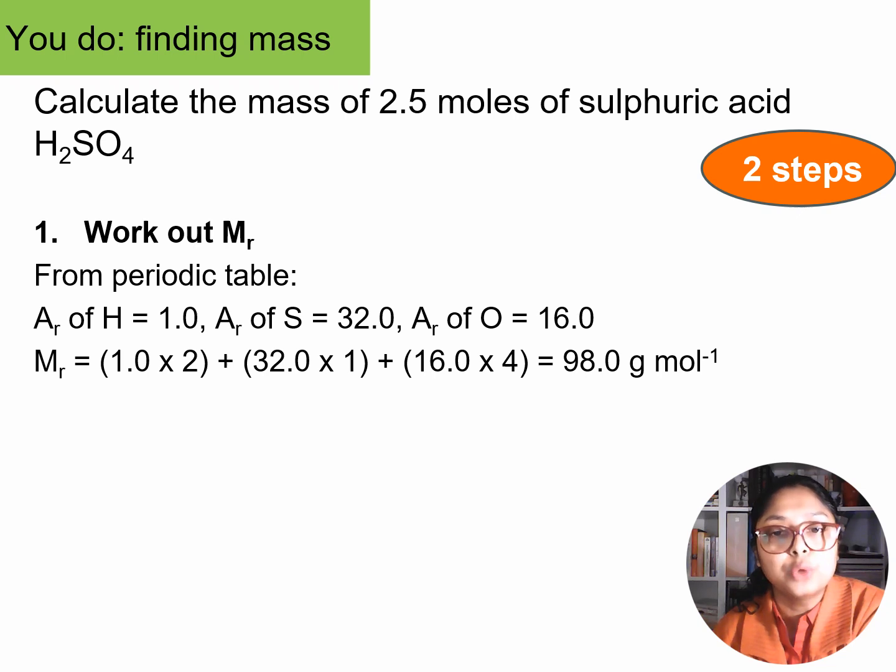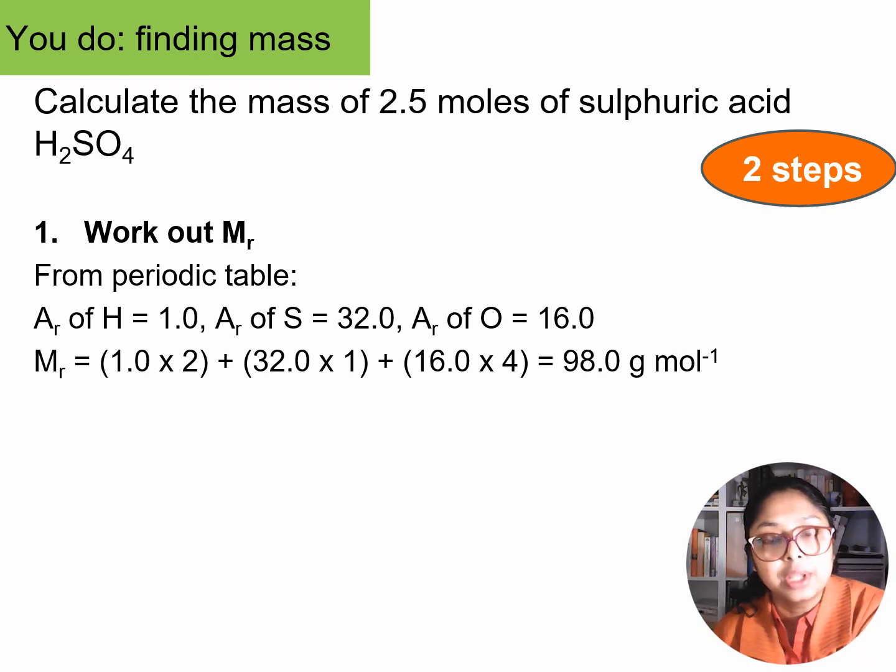According to the chemical formula H2SO4, there are 2 hydrogen, 1 sulfur, and 4 oxygens. So 1 times 2 plus 32 times 1 plus 16 times 4. If you add all of those up, you will get 98.